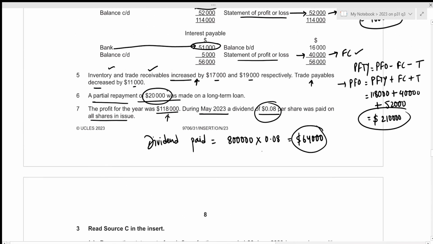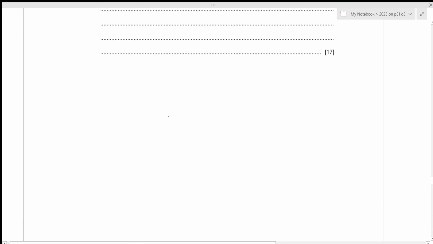The profit for the year was 118,000. So the first thing that we can say is that the profit for the year is higher than the dividend paid, which means that the dividend could have been higher, right? The shareholders will always want higher return. And the next observation is that some of the profit has been retained by the company, right? So that can also be considered as profit being plowed back into the business. Let's write it down.